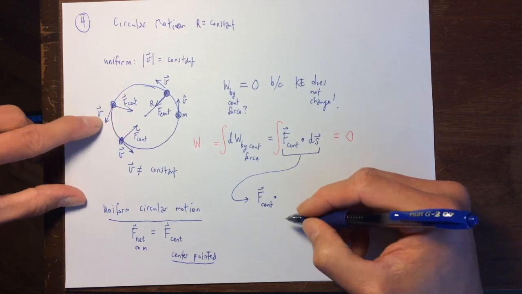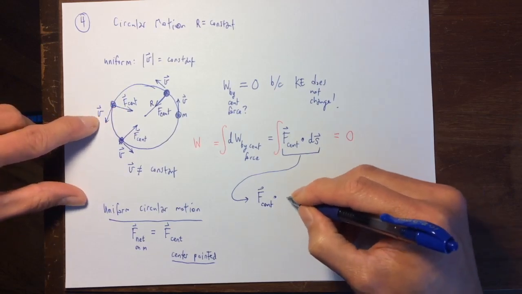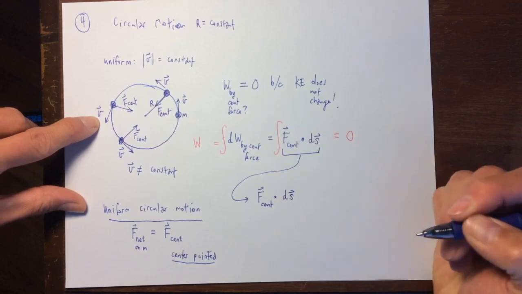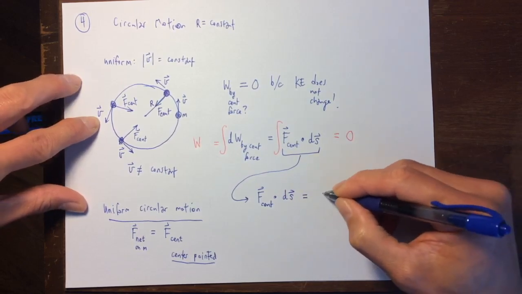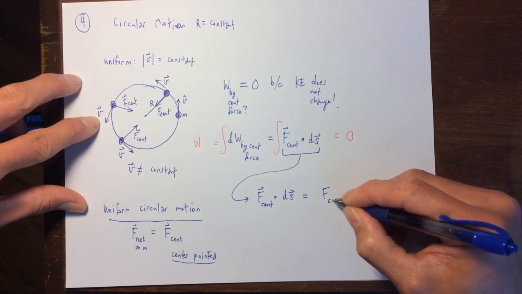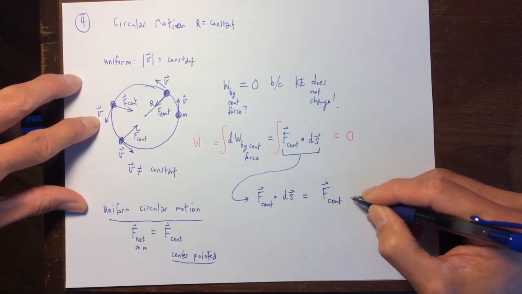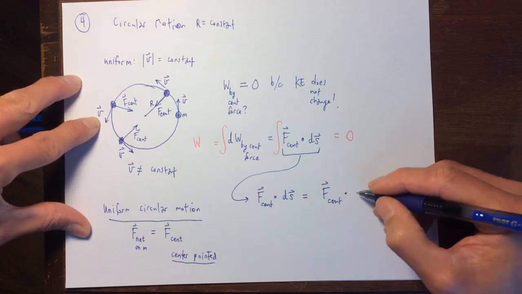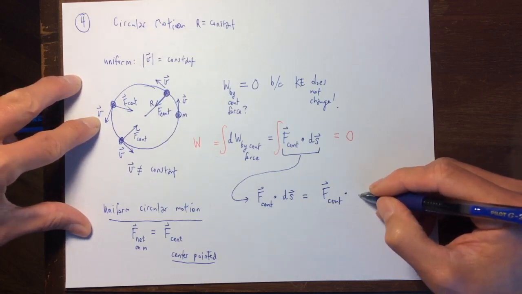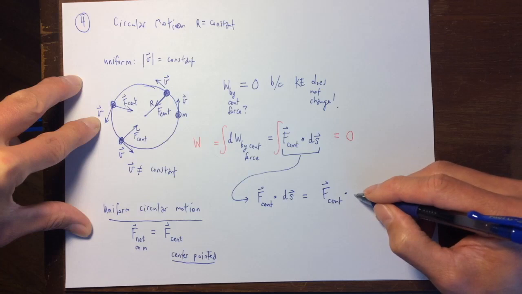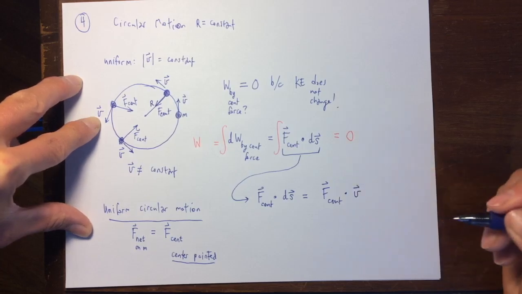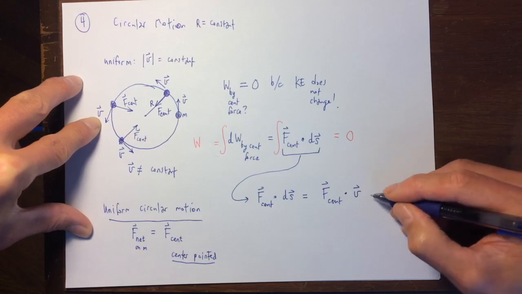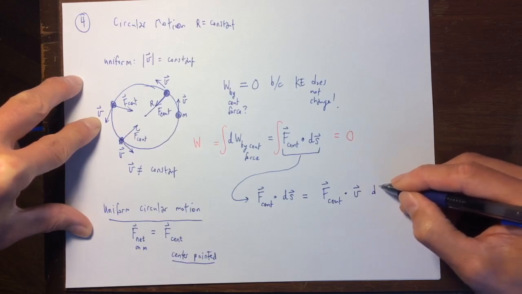And if I dot with, check this out, this is ds, but I'm going to rewrite it. This is center pointed force dotted with the velocity times dt.